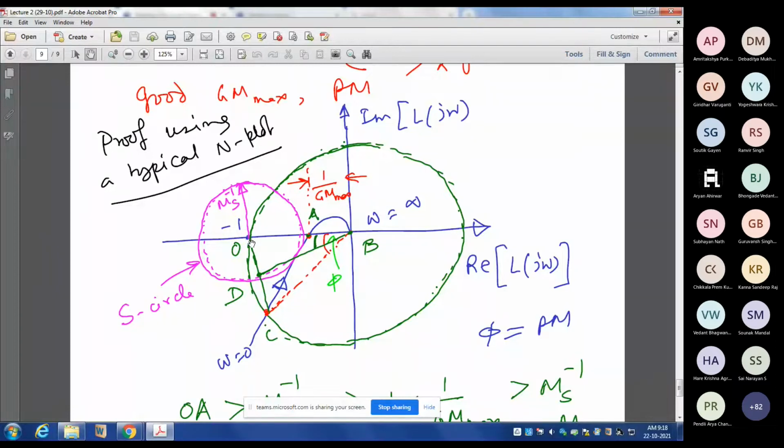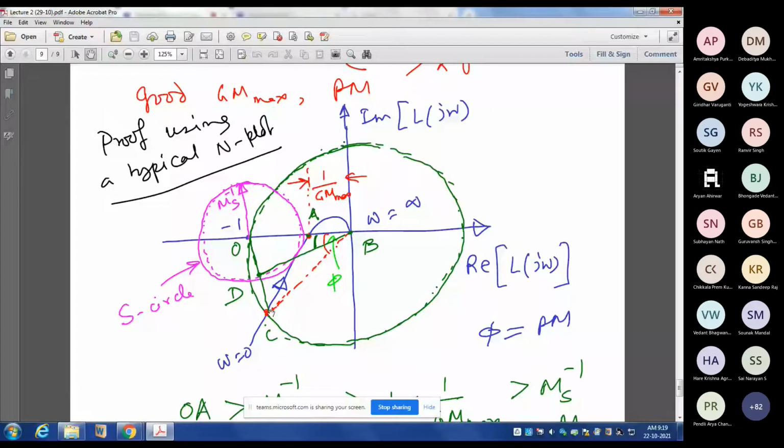So I have drawn this Ms circle such that the Nyquist plot just touches this Ms circle. Ms inverse, or the sensitivity circle, S circle. So this is the unit circle, this is your S circle, and this is your Nyquist plot.